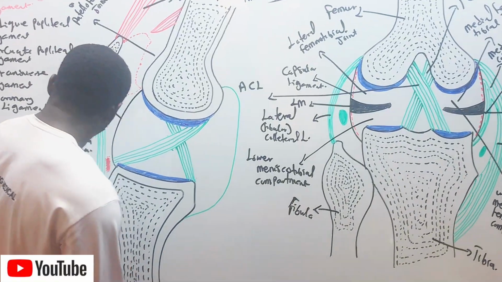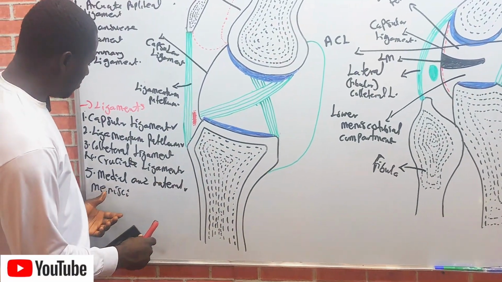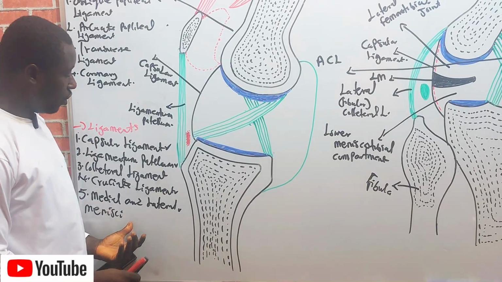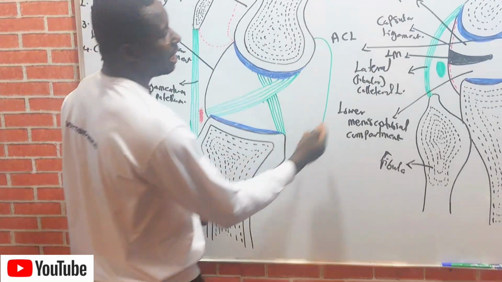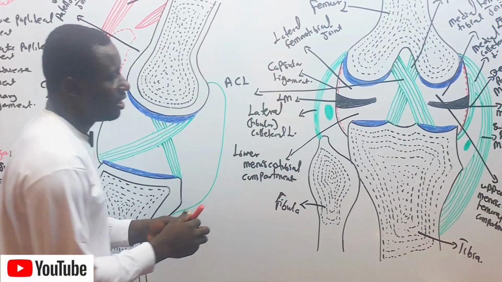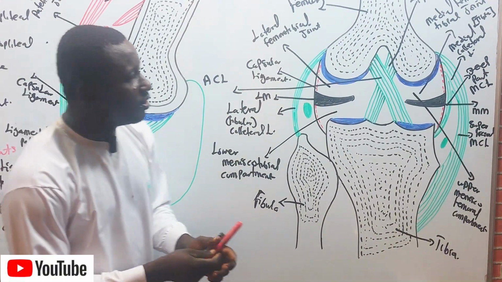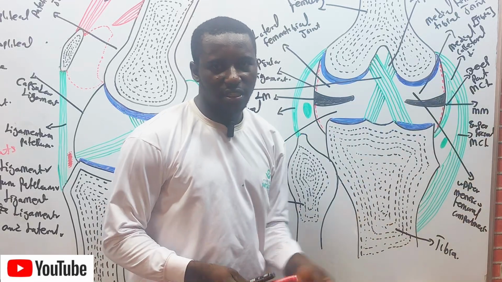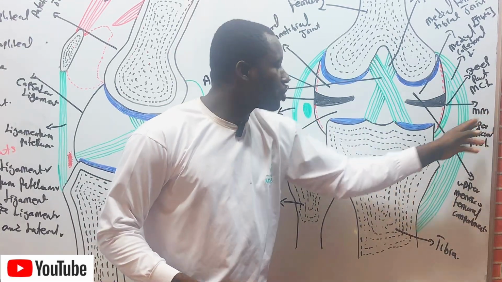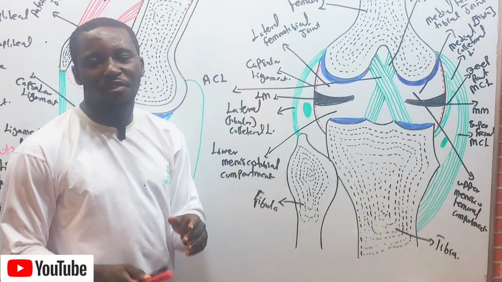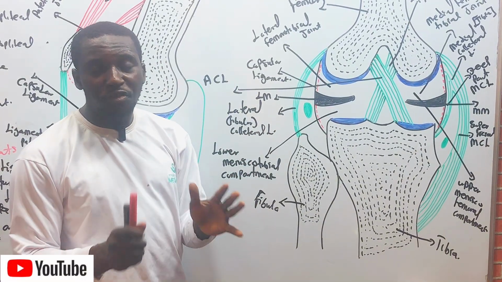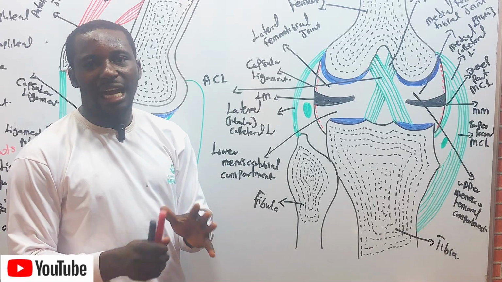Now, recall that we have discussed the medial and the lateral menisci. Although the lateral meniscus is quite different from the medial meniscus, because the medial meniscus and the lateral meniscus have different shapes and attachments.